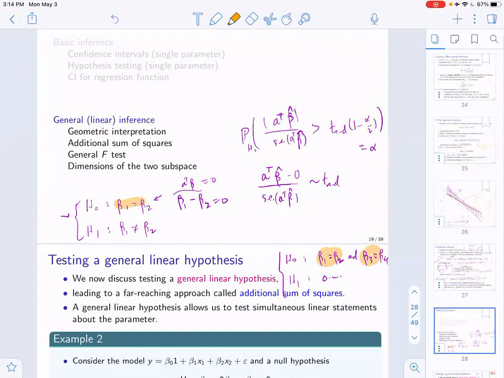Is there a procedure for doing this? Has anyone seen multiple hypothesis testing before? Yes, no?